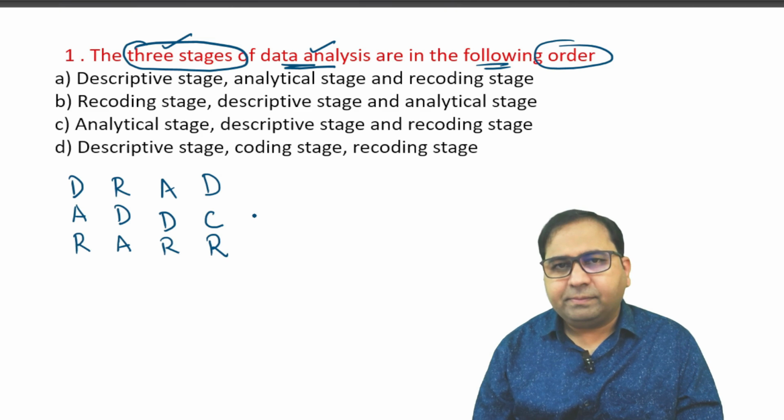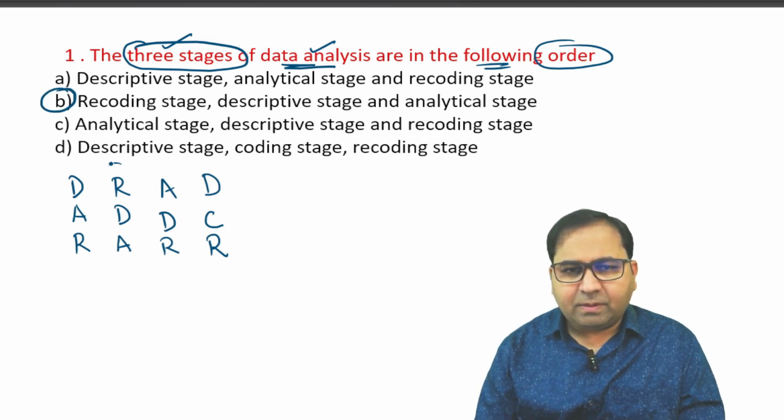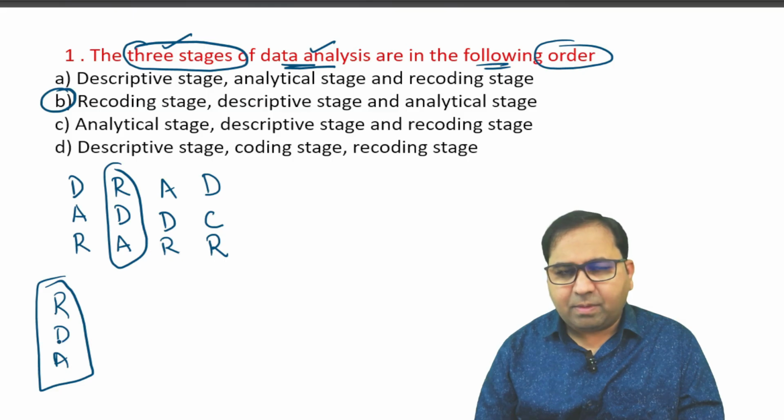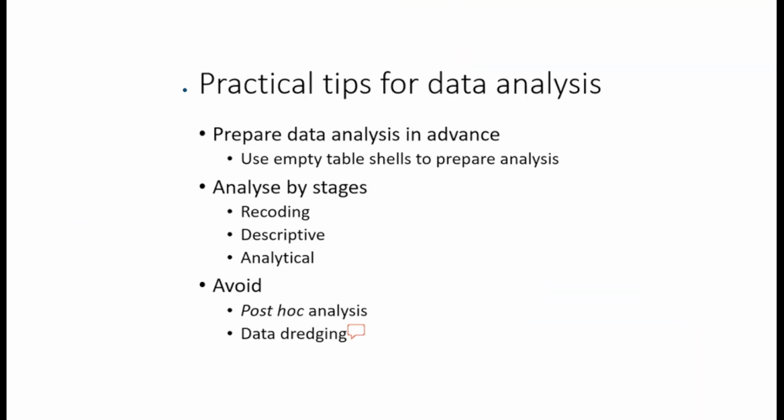So the answer for this question is option B, that is first recoding stage, descriptive stage and then analytical stage. Please remember this answer. Now look at the information given in this slide. These are all the practical tips for data analysis, and you see the second point, analysis by stages.